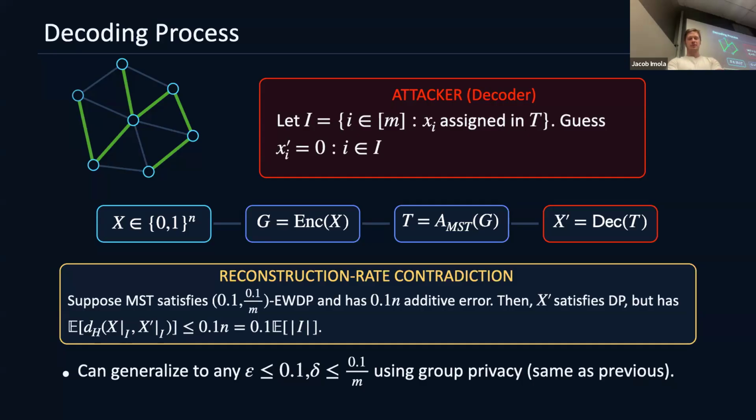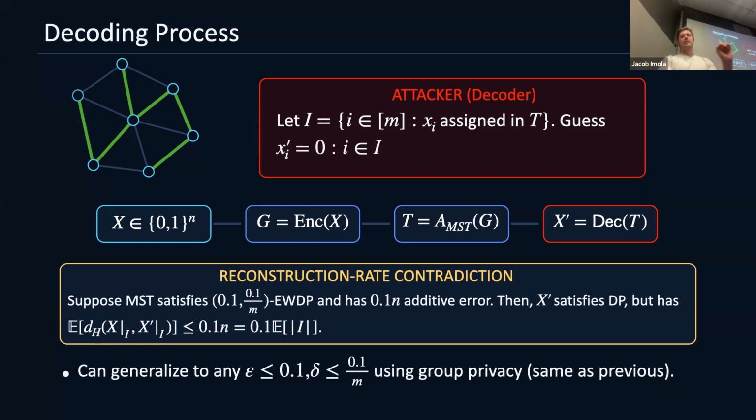So the contradiction comes from if you assume that you have epsilon equals 0.1 edge weight differential privacy, and the MST algorithm has 0.1 n additive error, so much less than n over 2, then the decoded set X prime satisfies differential privacy, but the Hamming distance inside of the set I is going to be less than the additive error of 0.1 n.